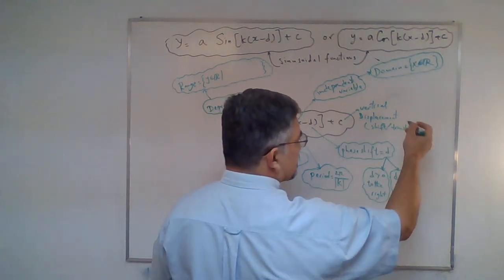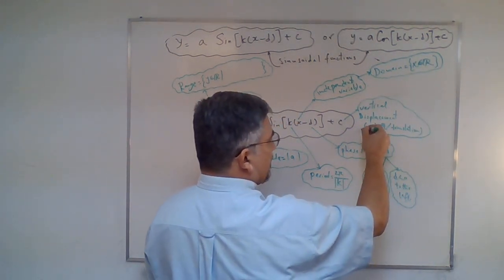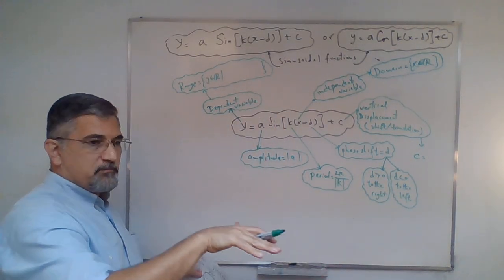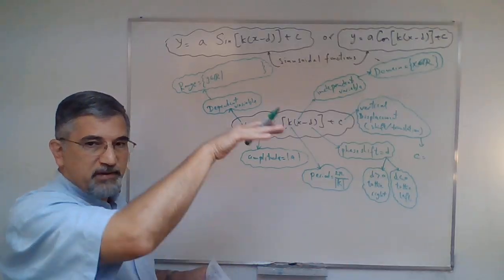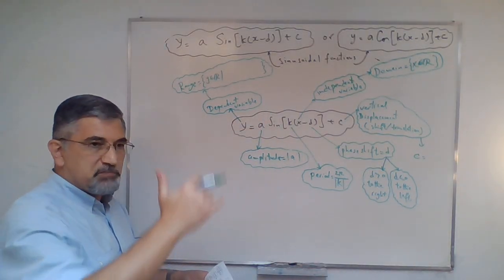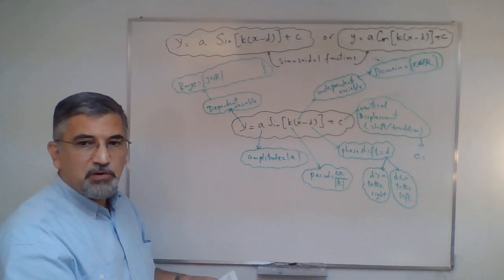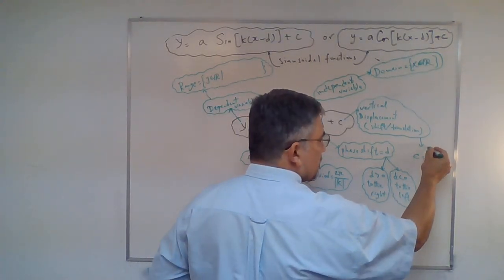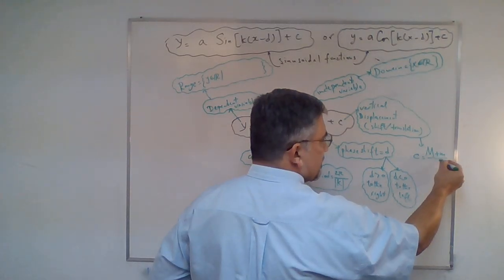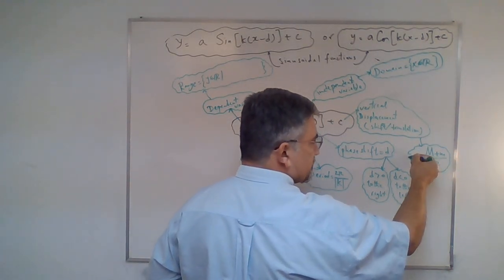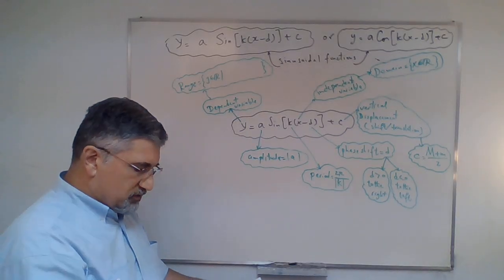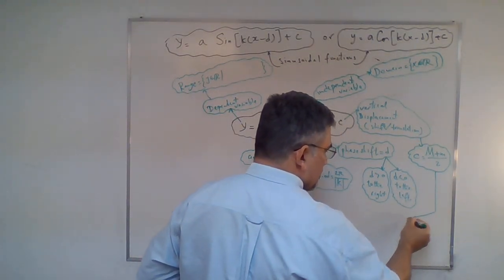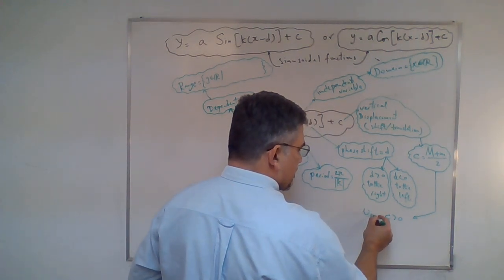And to find this C, the amount of vertical displacement, it is actually because this axis of the curve is always between the max and mean, right? So to find the middle value between the max and mean, you just add them up divided by 2, or find the average of the max and mean basically. So if you take the max value and the mean value and find the average by adding them up divided by 2, that gives you the value of C. And if C was positive, it's going to be up.